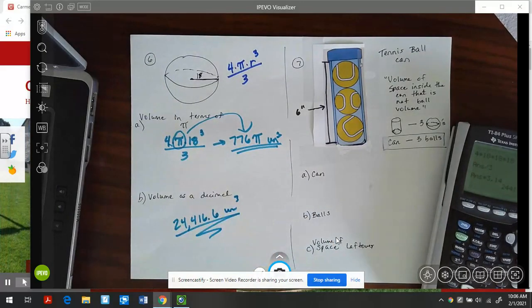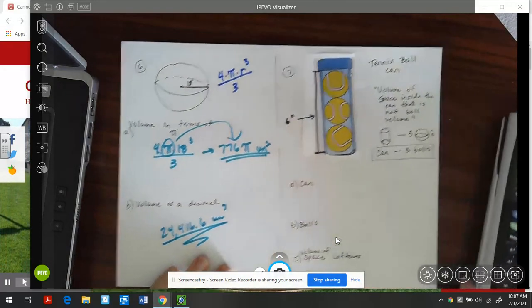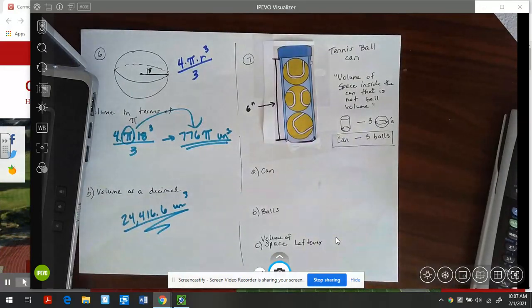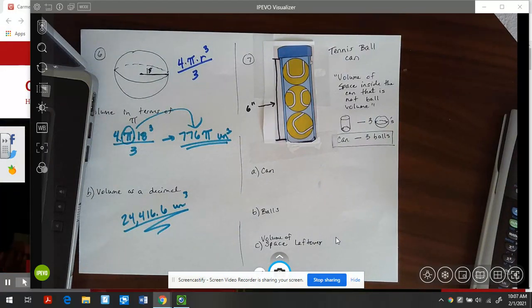And finally, the tennis ball can problem. Pretend that these tennis balls fit perfectly in the can with no extra air space. The lid rests right on top of the very top ball. This can is 6 inches in height, and I'd like to find the volume of the space between the balls and the can.